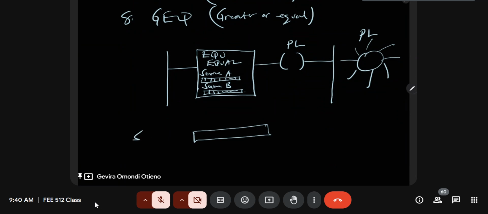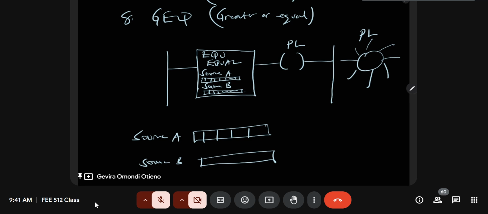So if source A, then we have source B. So equal, it means, remember, computers think in binary numbers, but we human beings think in decimal numbers. So let's say, let me use 4 bits. I know, 4 bits.